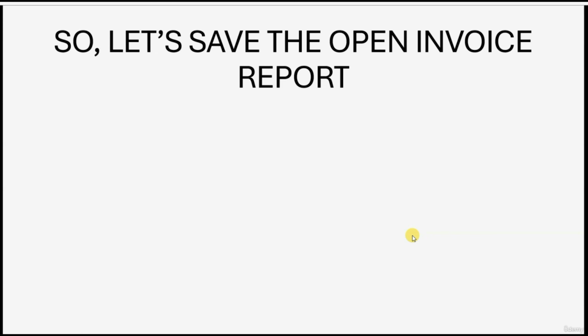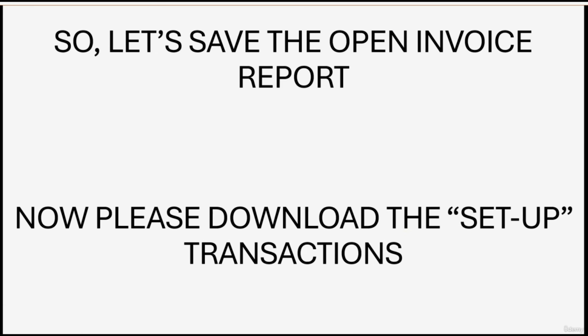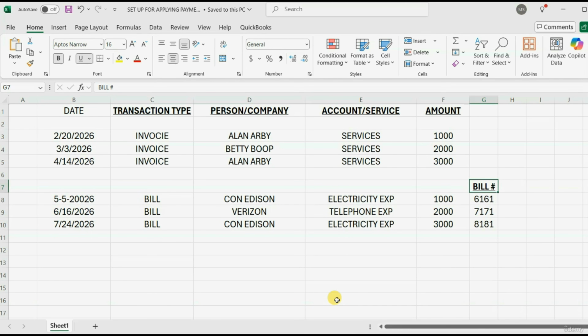And now, unfortunately, we need to take a quick moment to download the setup transactions, the transactions that we will be working with for this example. So you would download this Excel file, set up for applying payment, right here.